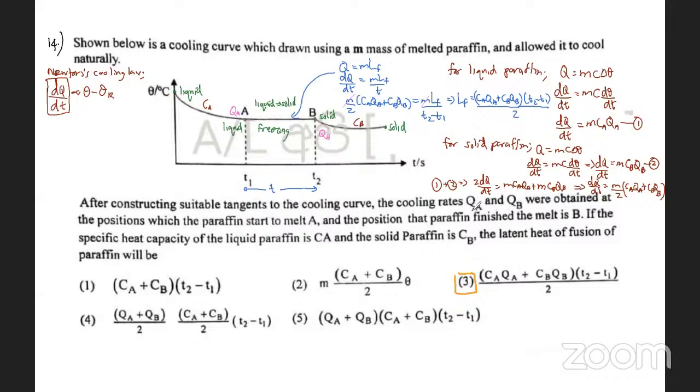Maybe you didn't figure out that Q_A and Q_B are the rate of change of temperature. What answers did you get for this question? This is also somewhat similar to past paper questions. I can remember the exact diagram from 2007 or 2008, before 2010. If you did not get an answer, just tell me, and if you got any other answer, tell me what you got.